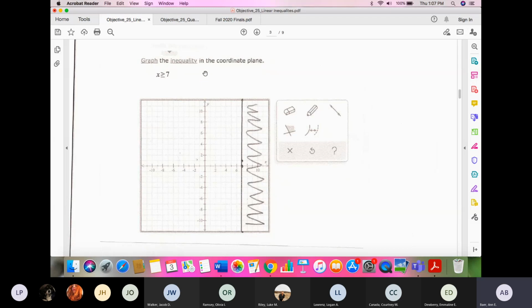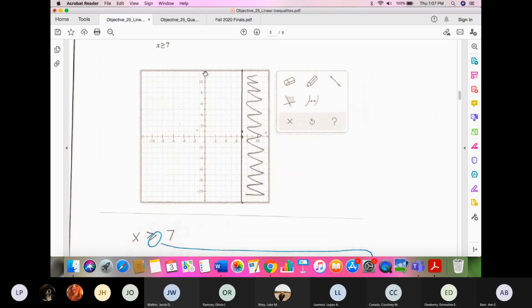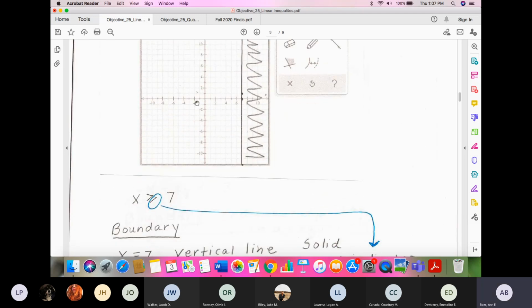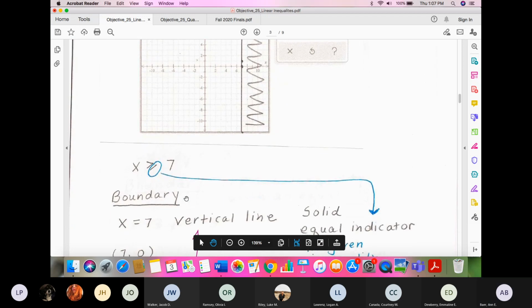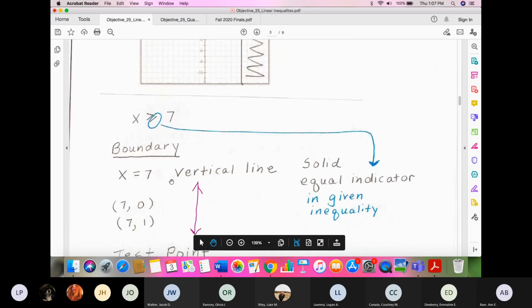So we use the same process. We first want to graph the boundary line. I copy down the problem here, x greater than or equal to 7. We want to graph the boundary. To get the boundary, we take out the inequality symbol and replace it with an equal sign.